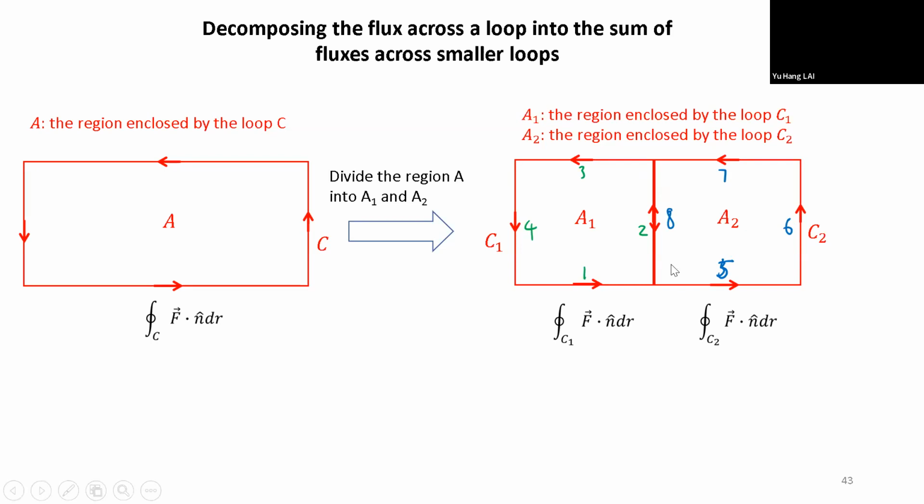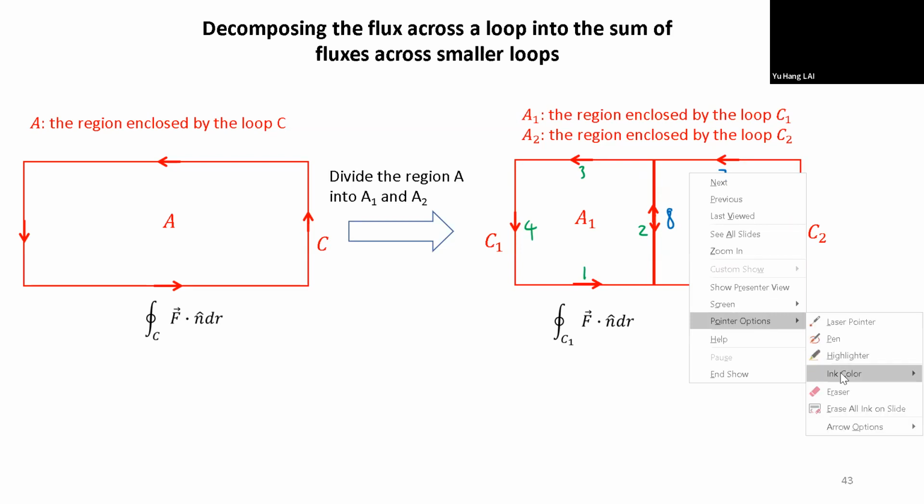Right. So however, when you do side 2, if you find there's some flux, and then when you do side 8, you also find some flux, you understand that the magnitude of the result that you get from side 2 must be the same as the magnitude that you get from side 8, but with an opposite sign, right?